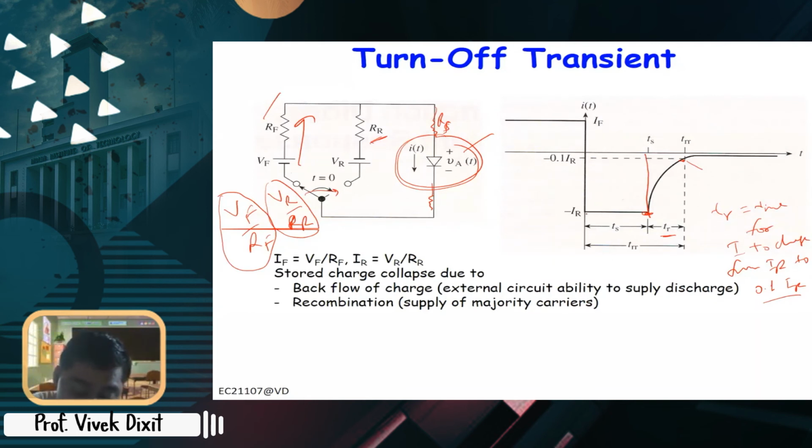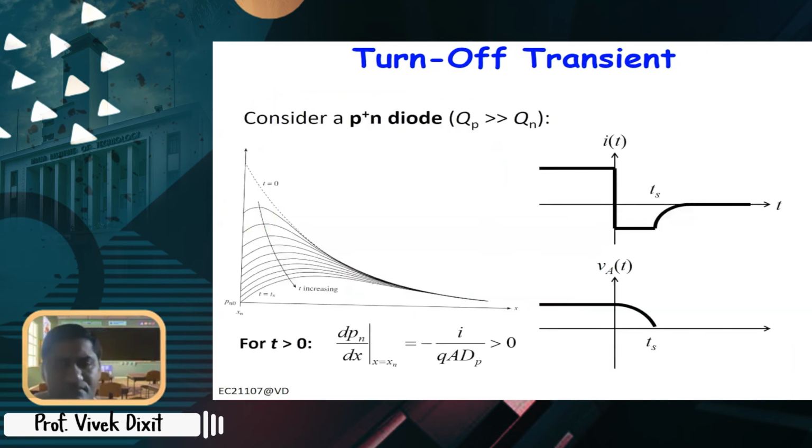And during this storage time, as we discussed earlier, two things are happening, right? Charge is extracted and charge is recombining, right? So maybe we can write down some kind of equation. Let's consider a one-sided junction, a P plus N junction, right?